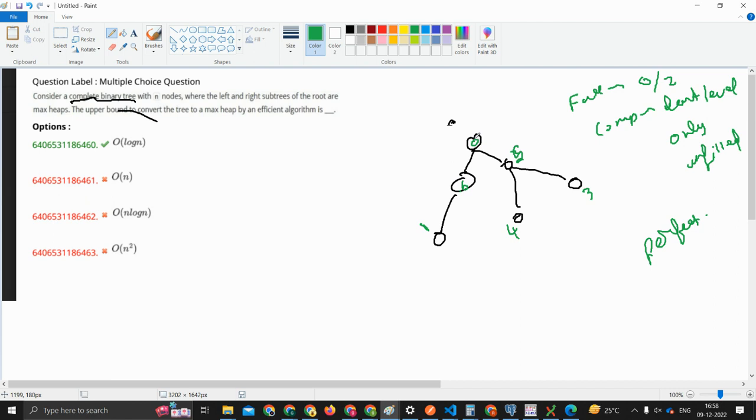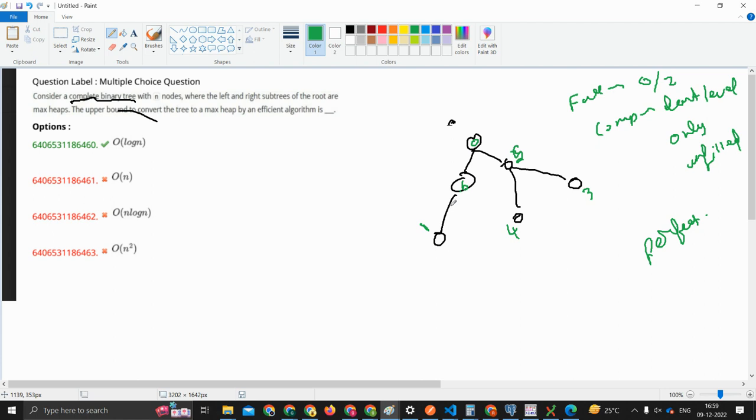So we need to convert this into a max heap. What's the upper bound there? It is about the level, I think, because you'll have to travel at most up to the height, and the height we know is going to be log n only. I think it is O of log n only, because you'll have to travel a path basically, right?